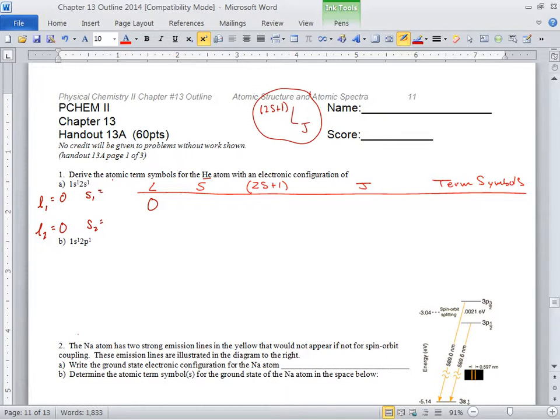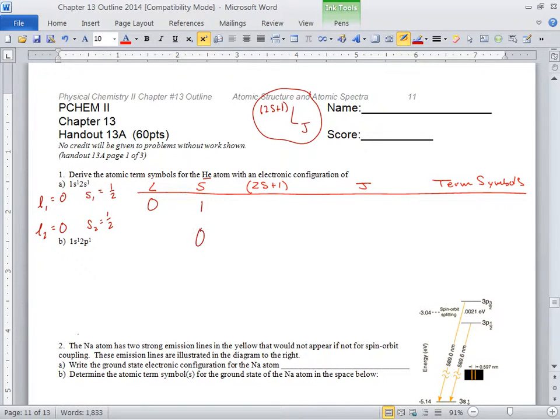And what will they be? Half. Okay. So my S values for that corresponding L would be what? 1 and 0. Very good.